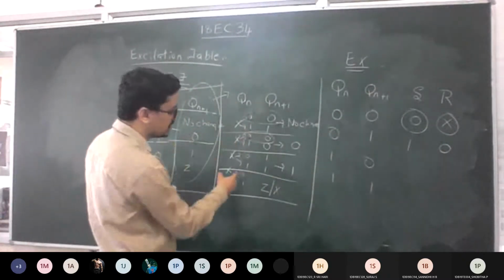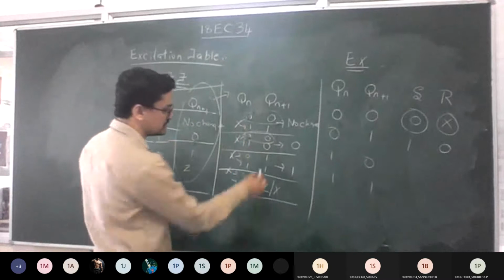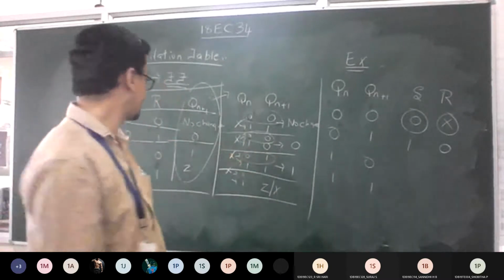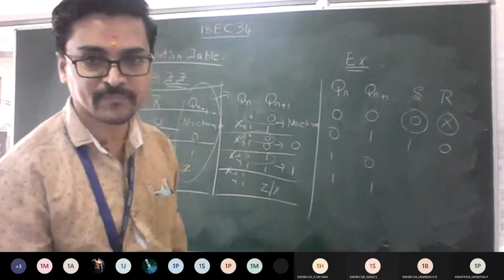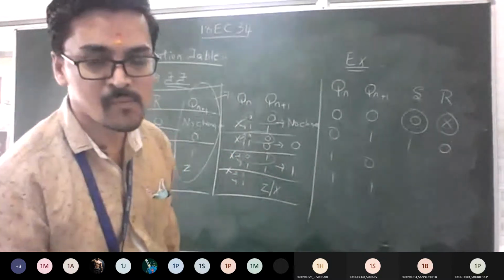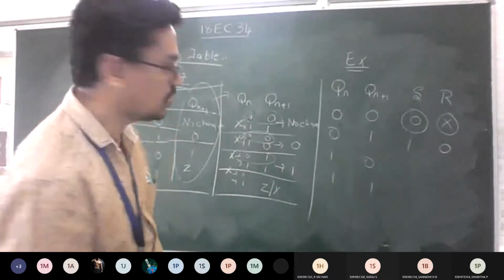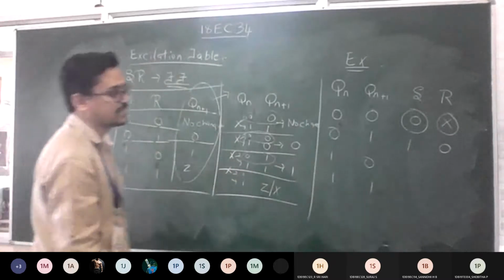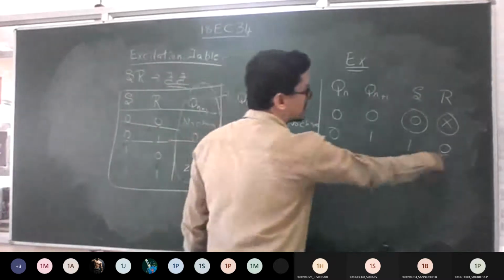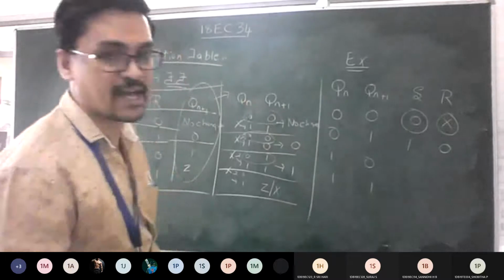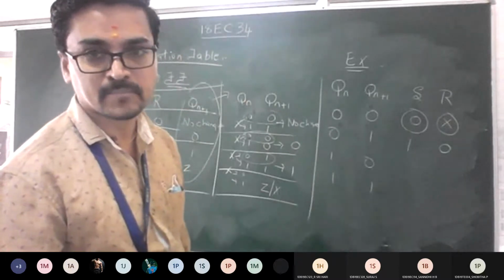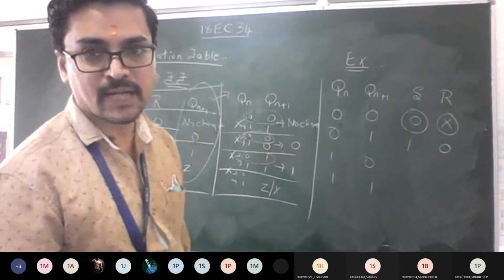So where is 0, 1 here? Is it this combination? That is the only combination having the 0, 1 combination. Yes or no? So if we take the corresponding input, it says 1, 0. That is why we will write for the 0, 1 combination 1, 0 as the answer. Everyone, is it fine?